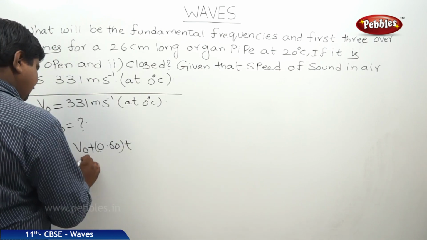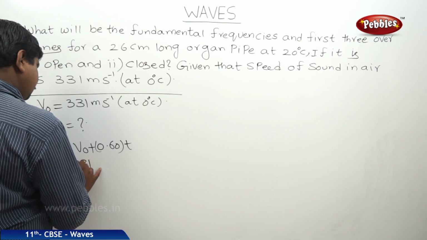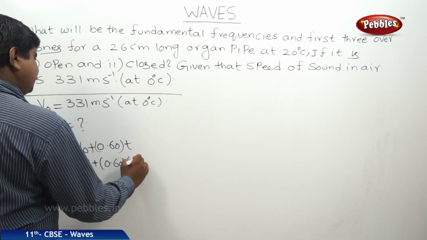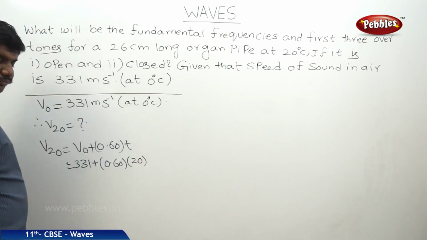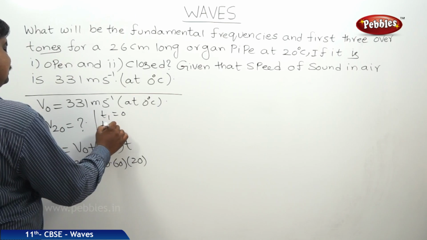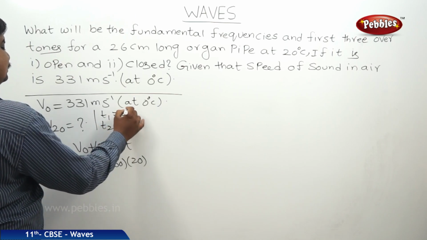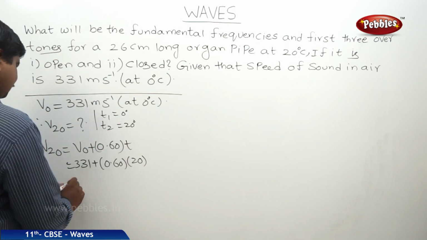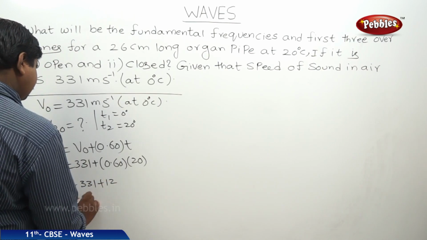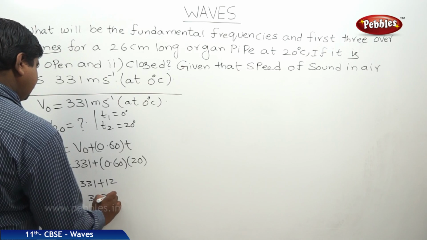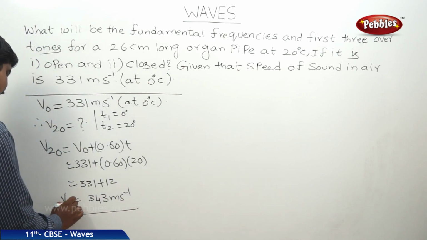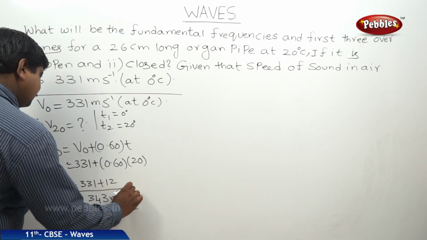So V naught is 331 plus 0.60 into 20, because T1 is 0 degrees, T2 is 20 degrees. Therefore, it is 331 plus 12, 343 meters per second. This is the velocity at 20 degrees Celsius.